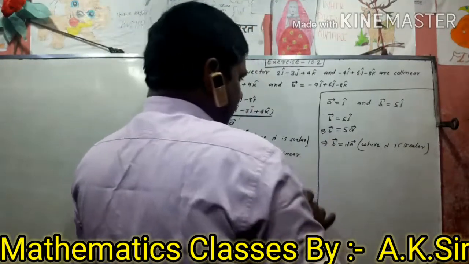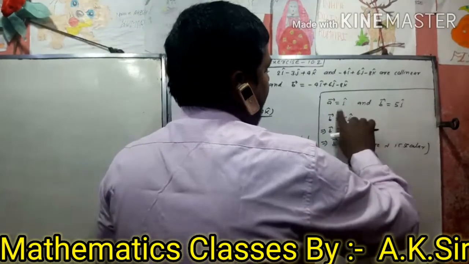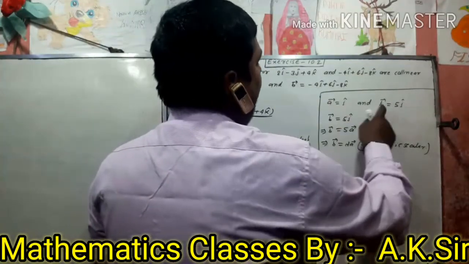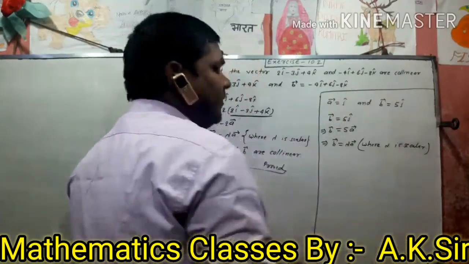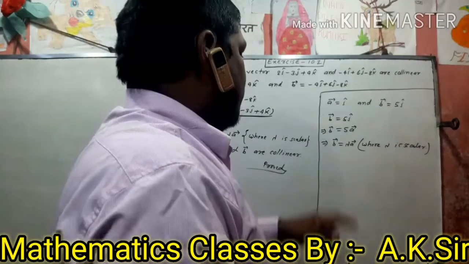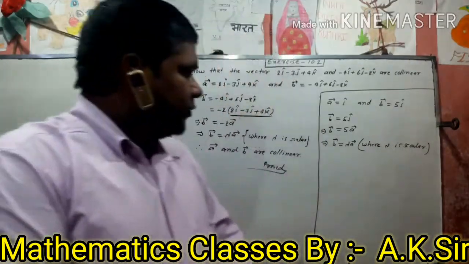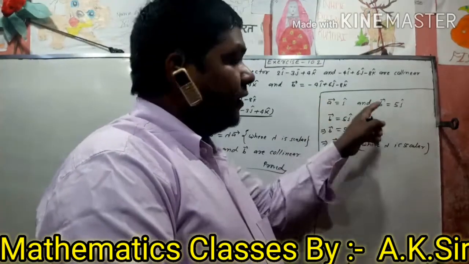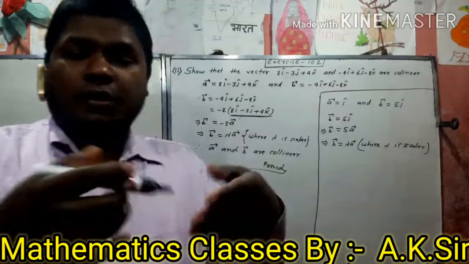Here both given vectors A and B are parallel to each other because A and B vectors are present on the x-axis. So we can say both vectors A and B are collinear vectors.